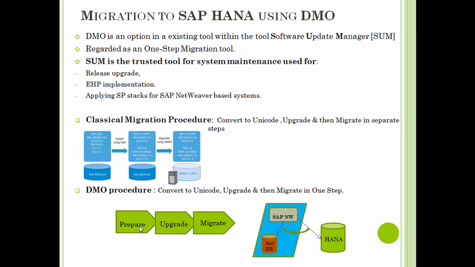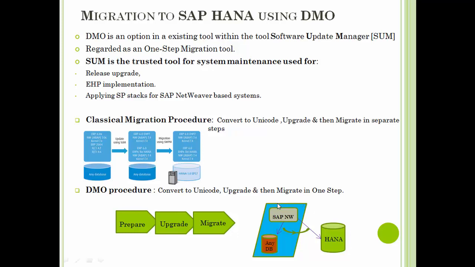It will take inputs like credentials, XML files, and the location of software packages and so on, and then do the upgrade and later on do the migration. That is, it switches from the traditional database to the new DB, that is HANA DB.